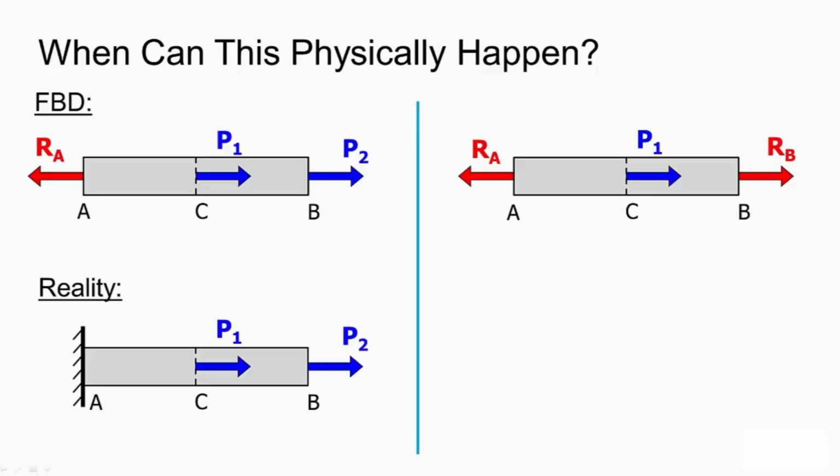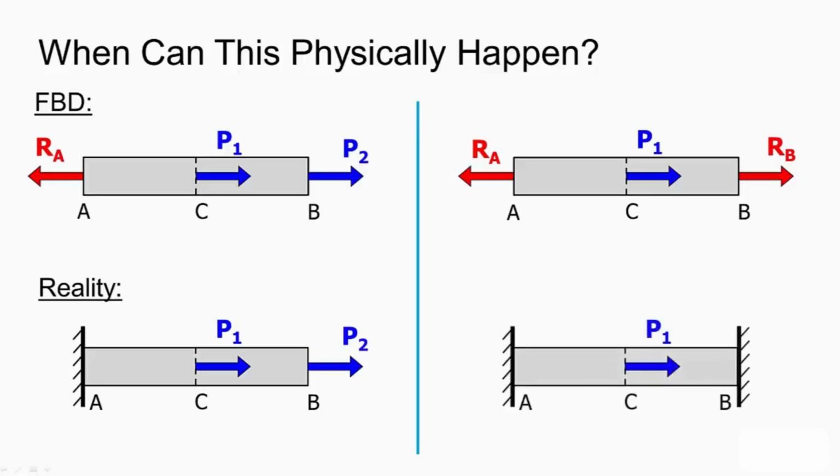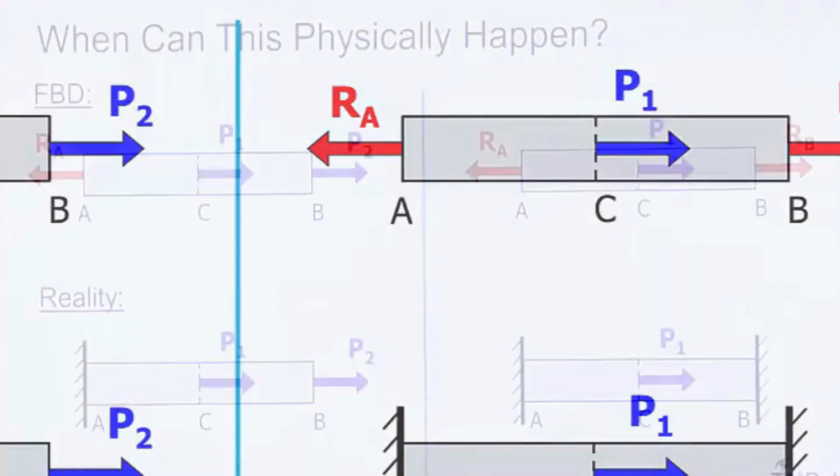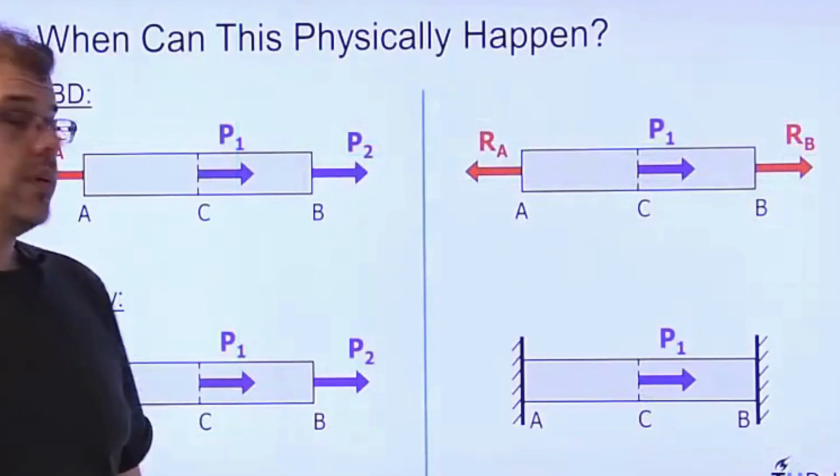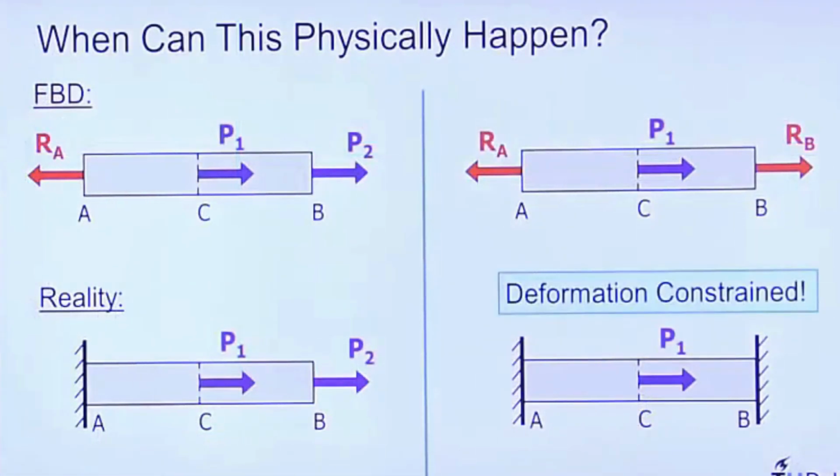If we look on our right then, it should reduce down to a rod that is fixed at both ends. There is a constraint at both ends that creates an unknown force. In this case, the problem is over-constrained. There are too many things restricting the deformation of it, and it is that restriction that generates the unknown forces.